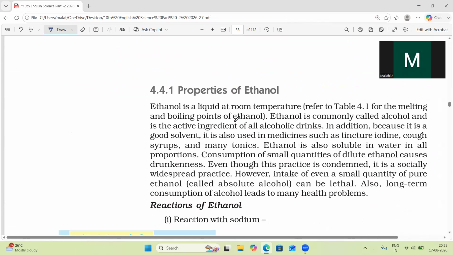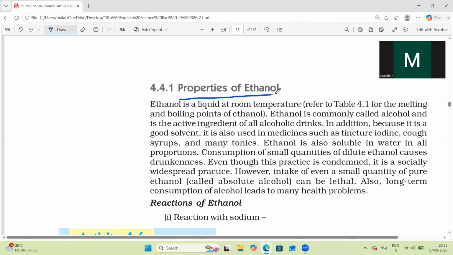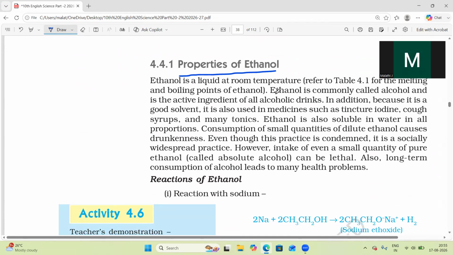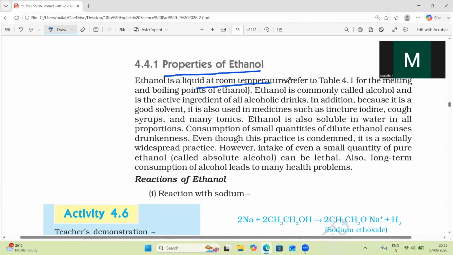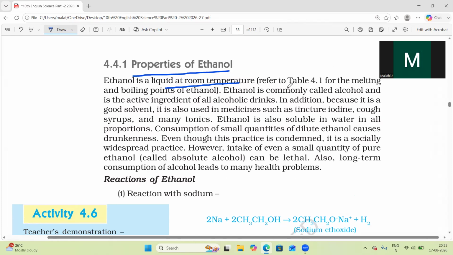First, the properties of ethanol. Ethanol is a liquid at room temperature. Here you should observe the melting and boiling points of ethanol. Ethanol is commonly called alcohol, and it is the active ingredient of all alcoholic drinks.